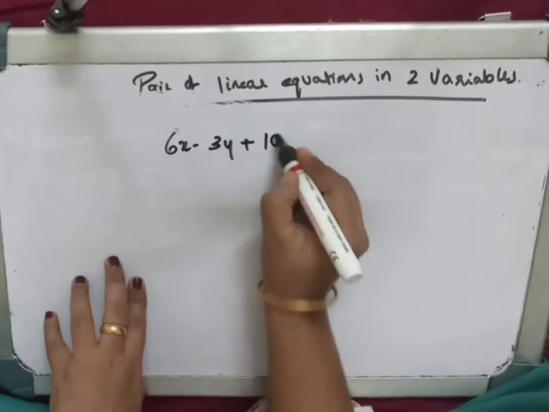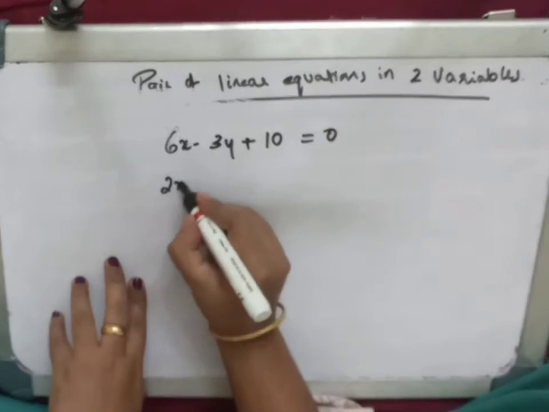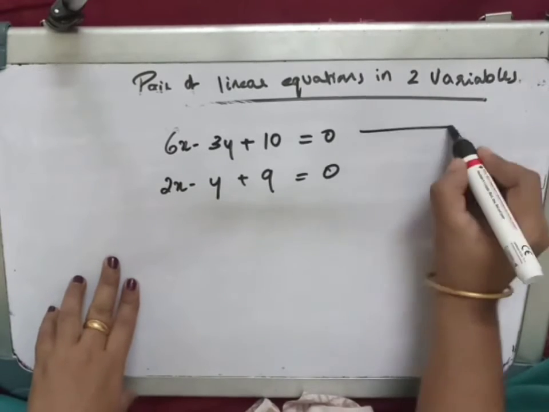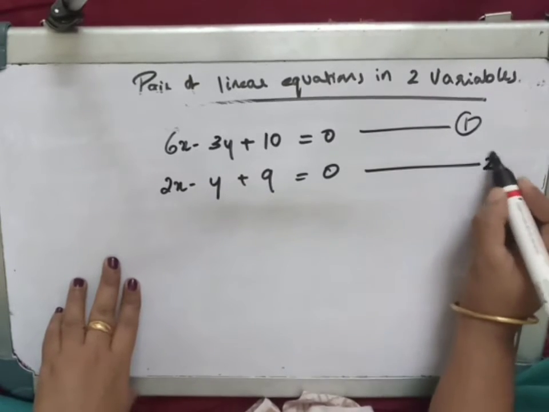First, let us find the ratio of the coefficients in both the equations. So let us see. Let this be equation 1 and this be equation 2.